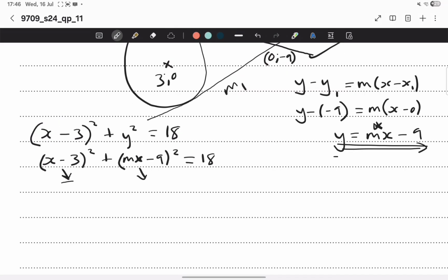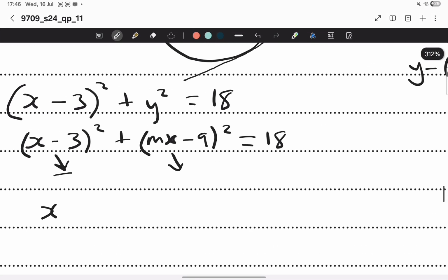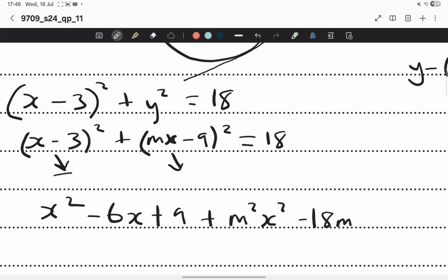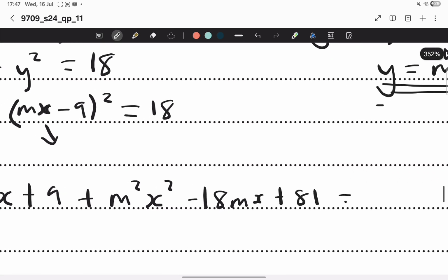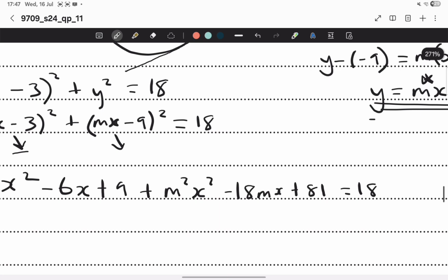Expanding (x − 3)², we get x² − 6x + 9, and expanding (mx − 9)², we get m²x² − 18mx + 81, and all this equals 18.